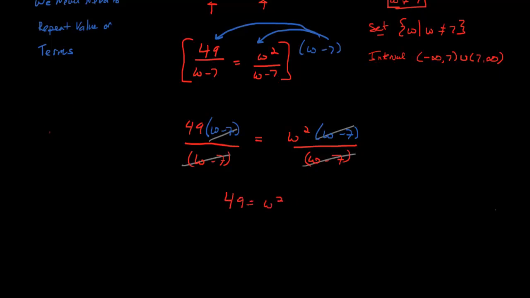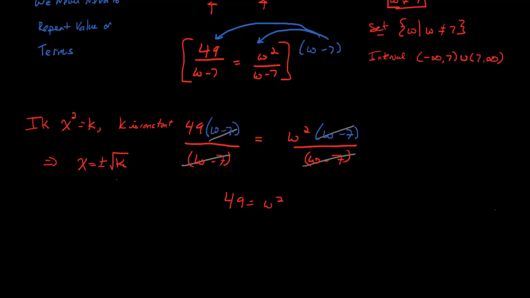Remember, this is a form of a quadratic equation. If x squared equals a value k, where k is a constant, as we said in one of our prior videos, this implies that x equals plus or minus the square root of k.